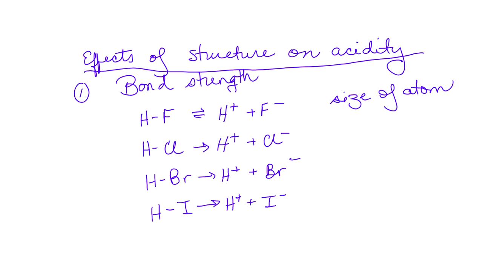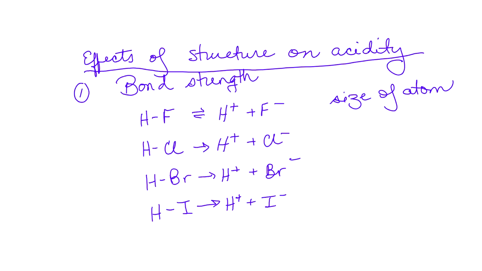Because the charge is distributed over a much larger atom, it's more diffuse, and so the iodide can stabilize that negative charge much better than the fluoride ion. So bond strength plays a key role, in particular when we're talking about binary acids.